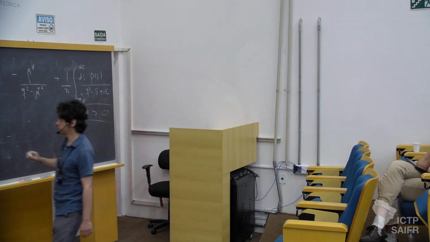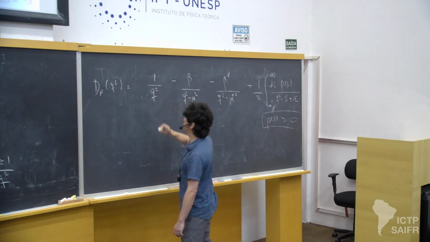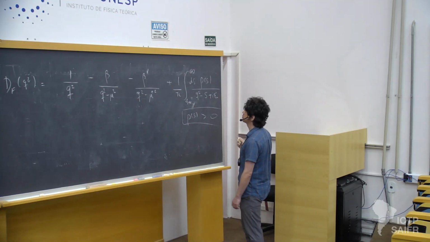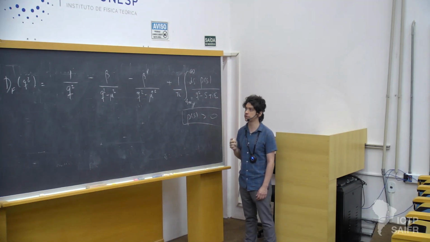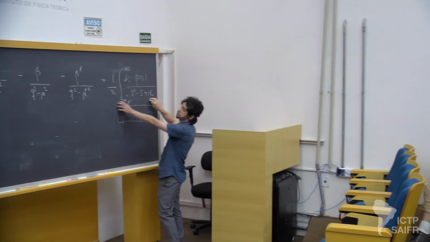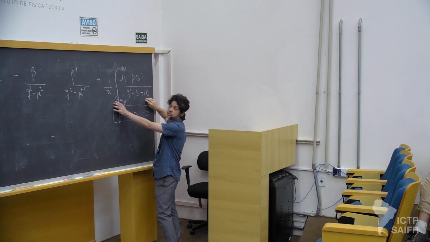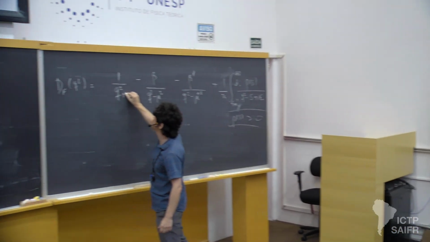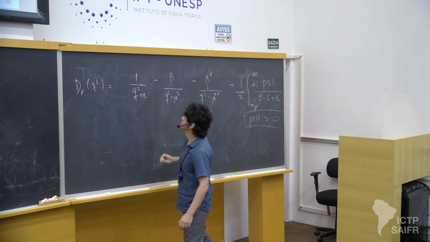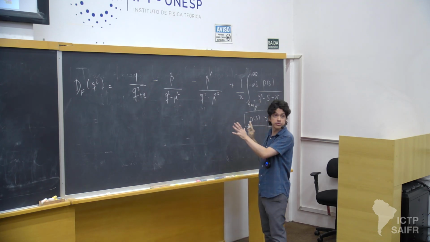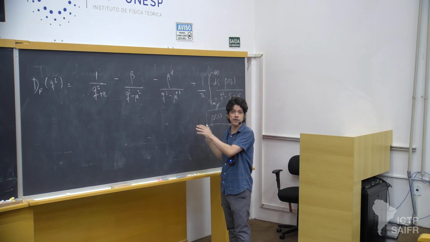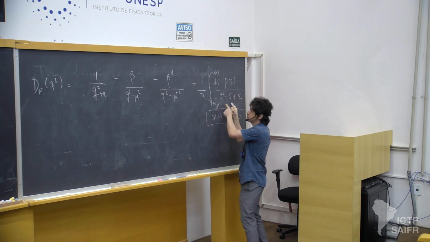It's a good exercise as well. It's better than this: the only part that gives you an imaginary part to your propagator is this one. It's obvious, right? Of course, you have the imaginary part coming from this one as well. But as far as the ghost is concerned, the only contribution that gives you an imaginary part is this one, right?